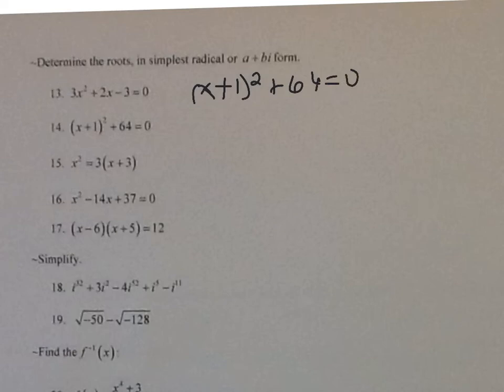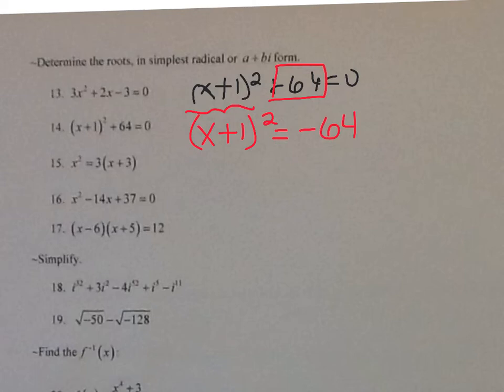When I see that, I realize that this is kind of like the start of completing the square. This number just happens to be on the wrong side. So let's move that number over. When I move that constant over, now I have x plus 1 squared equals negative 64. So I can solve it right from here.